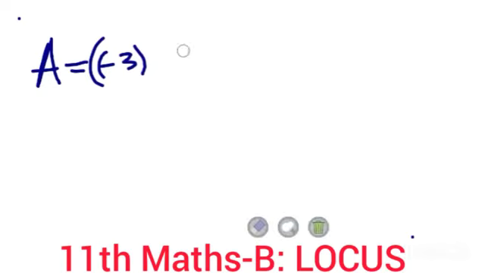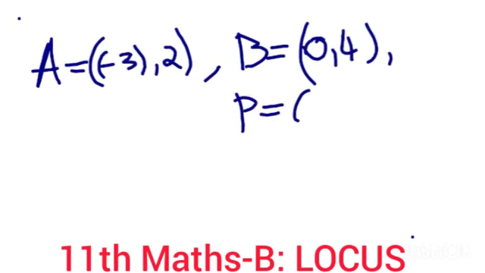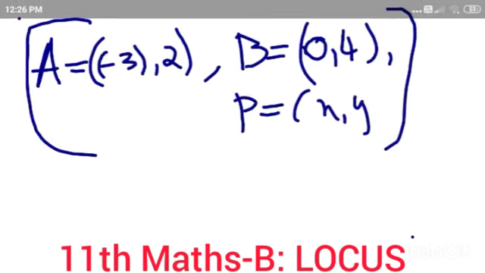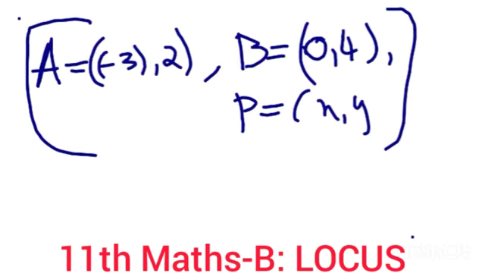A = (-3, 2), B = (0, 4) and P = (x, y). The equation we got here is AP = PB, that is AP = BP.